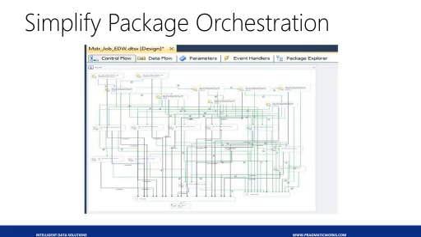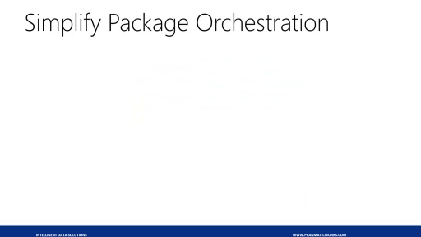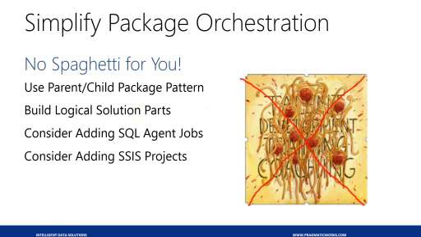So what we can do to simplify that package orchestration, I like to call it no spaghetti for you. We can use the parent-child package pattern. We can work to build logical solution parts in our SSIS solution to chunk and group together sections of our code.